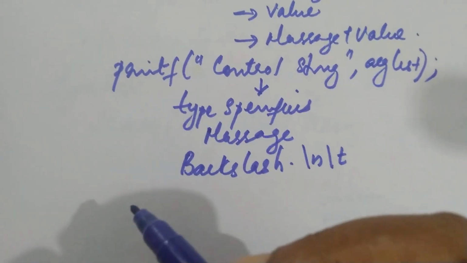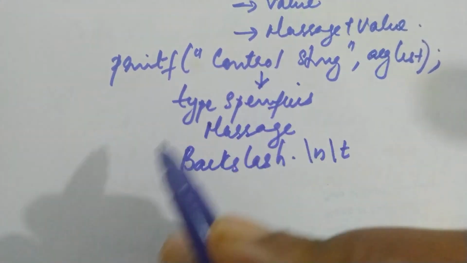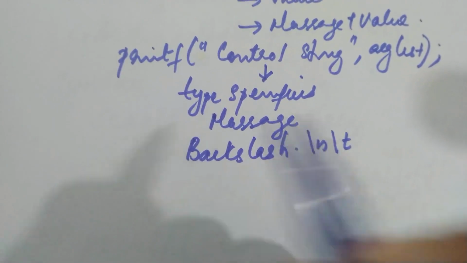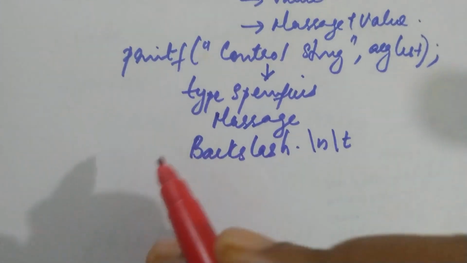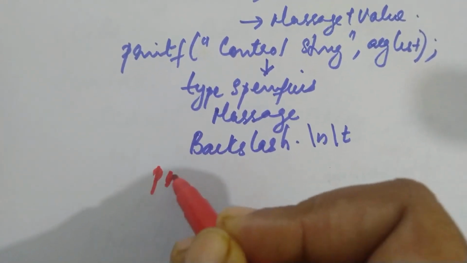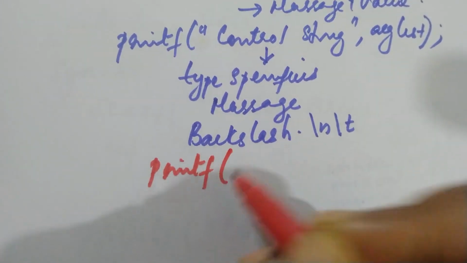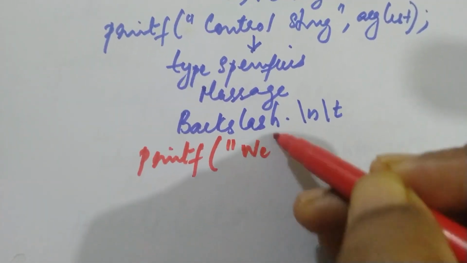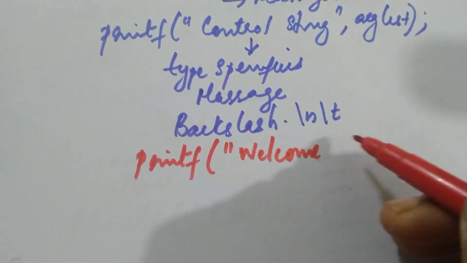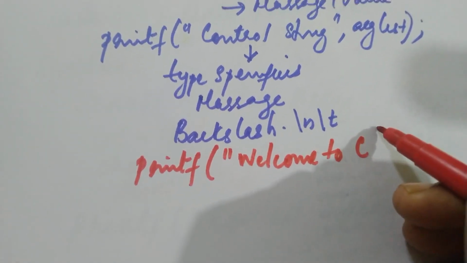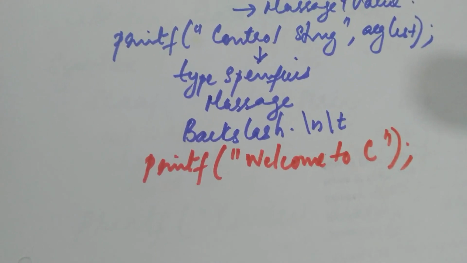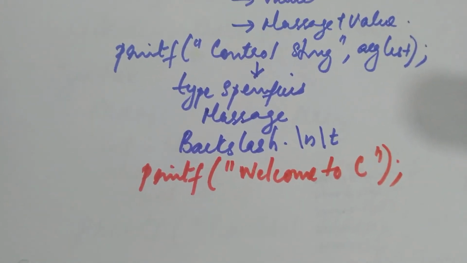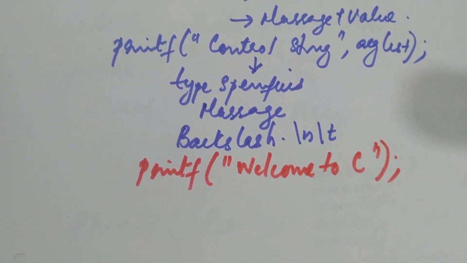Let us see examples for 3 situations. If you are going to print a message, suppose I am printing a message, welcome to C, so printf, here you have to specify the message, welcome to C. There is no need of arguments, only the control string has to be specified.